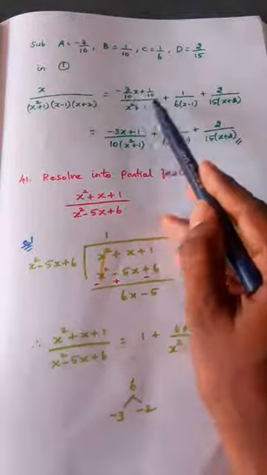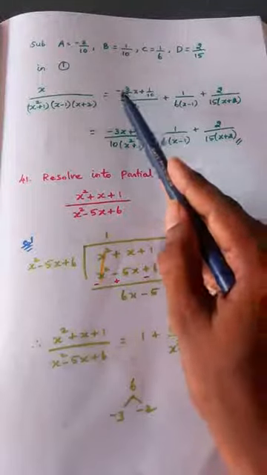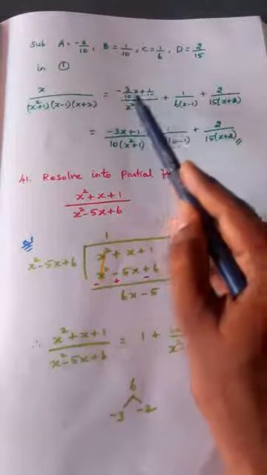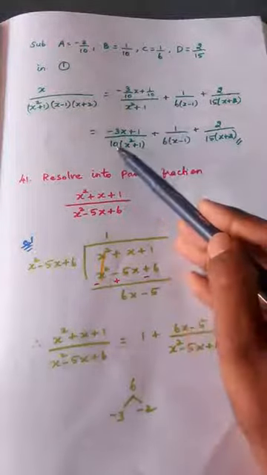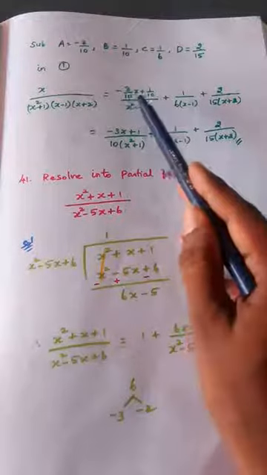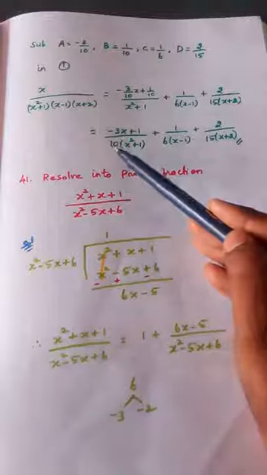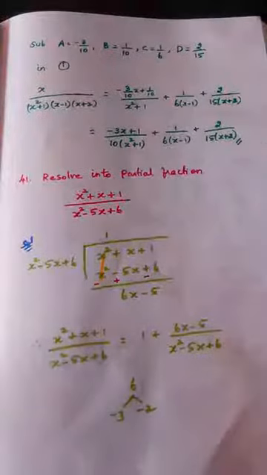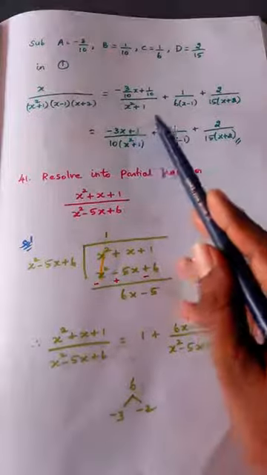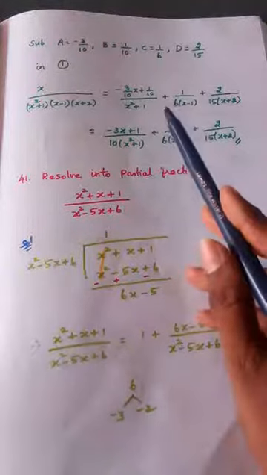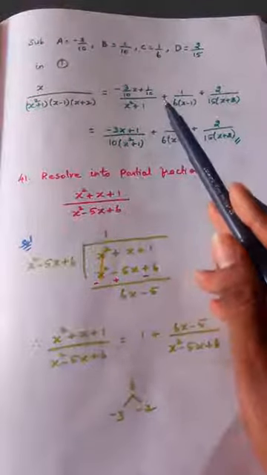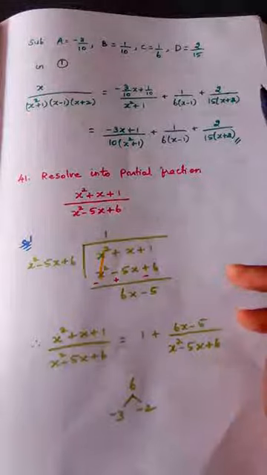If you see, the LCM is 10, right? This can be written as minus 3x plus 1 by 10. So 10 is taken to the denominator and only minus 3x plus 1 is written in the numerator. Remaining things are the same. So this is called type 3. Why is it type 3? Because in the question a quadratic factor comes which cannot be factorized.